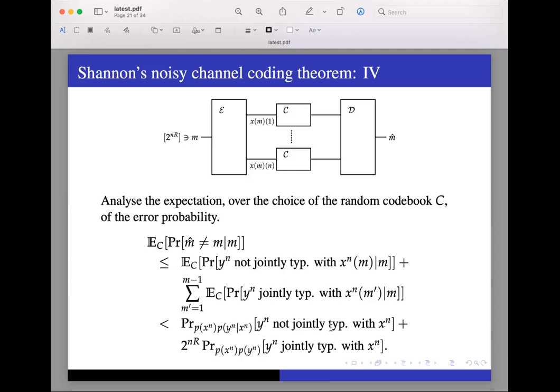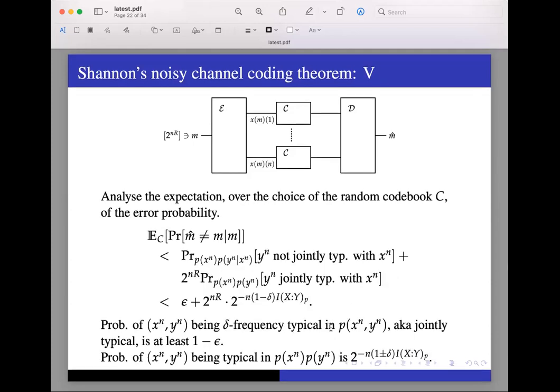Is it clear to everybody? Okay, so let's go ahead. We have upper bounded the expected decoding error probability by this quantity. Now all the m primes have gone away.